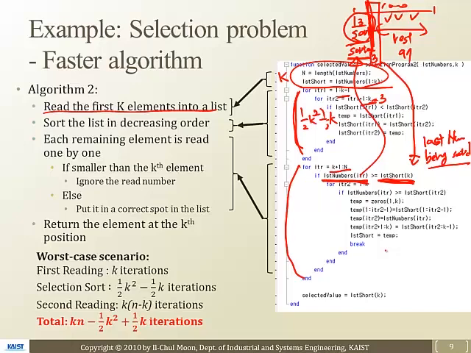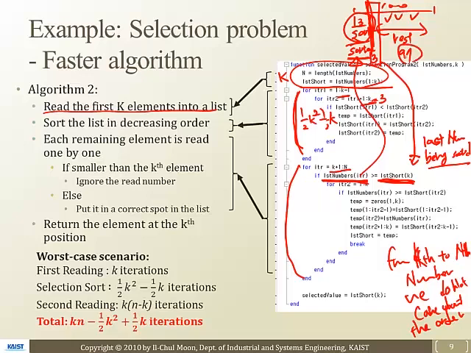We don't care, because from the k-th to the n-th number, we do not care about the order. That means sorting this rest of the 97 would be just redundant work.